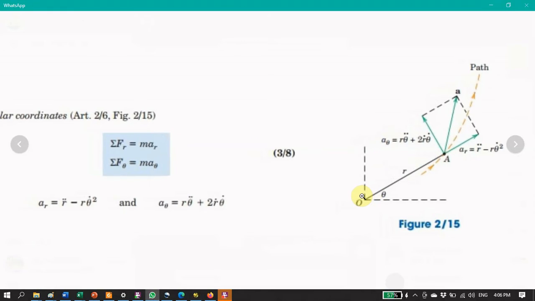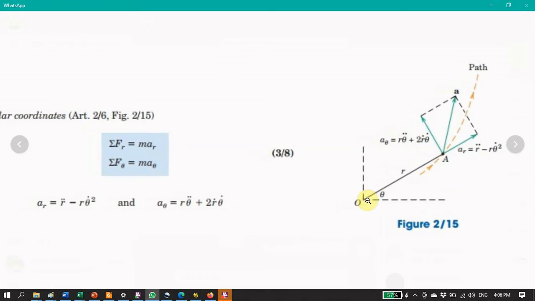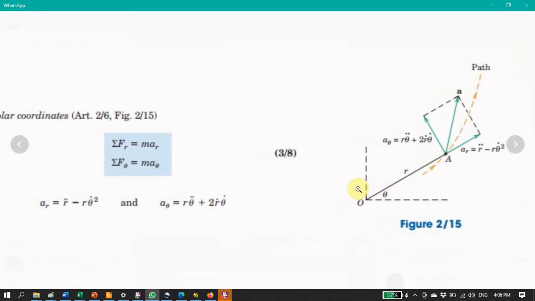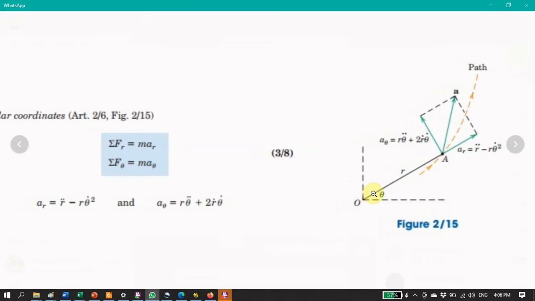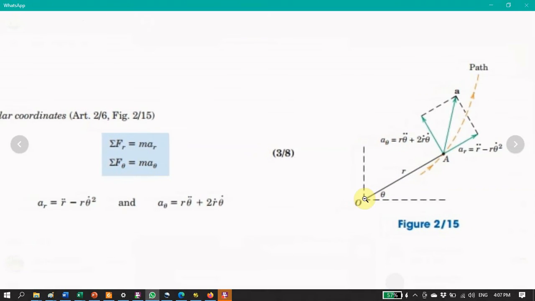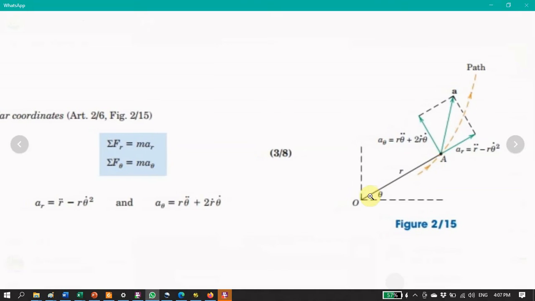If you look again at the normal and tangential direction, R is represented by the radius of curvature. So for the system in these problems, the radius of curvature is the distance from the origin of the coordinate system.